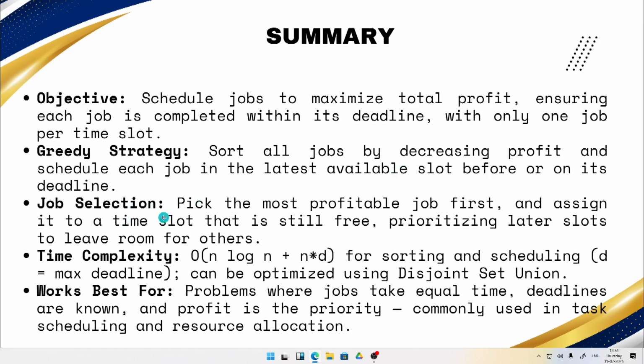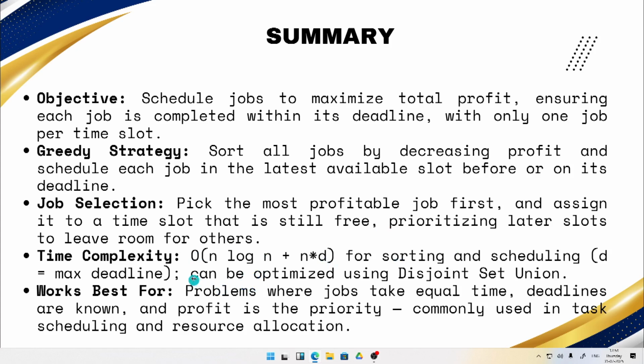And in order to select the job, we pick up the most profitable job first. That is the reason why we arrange the jobs in the decreasing order of profit, and we try to assign it to a time slot that is still free, and we prioritize later slots to leave room for others.